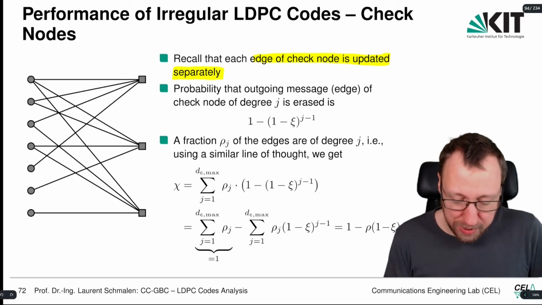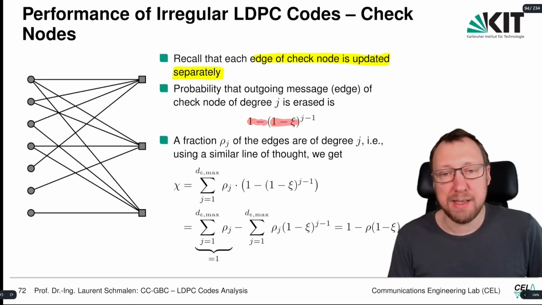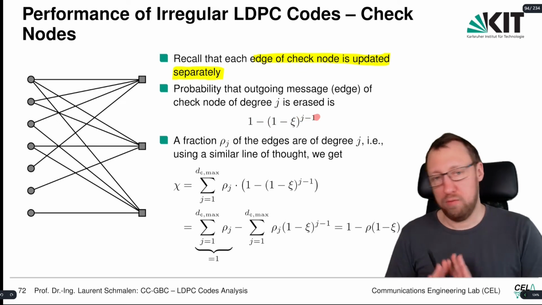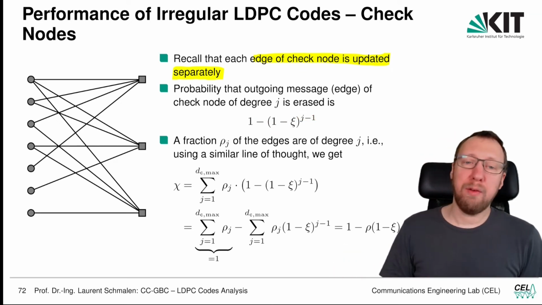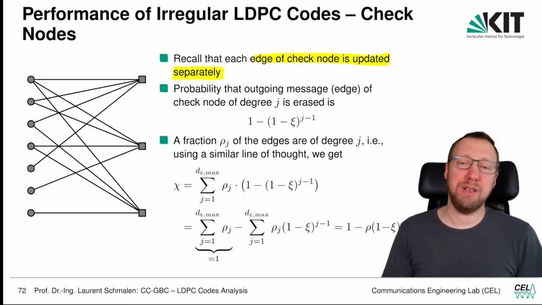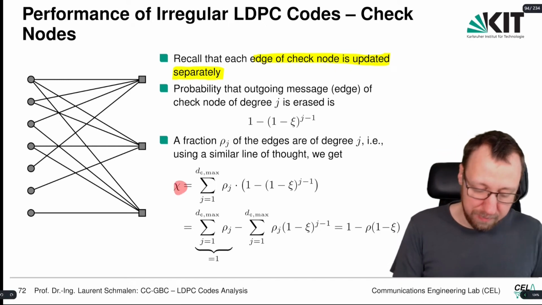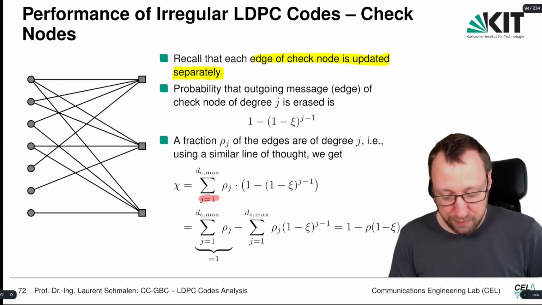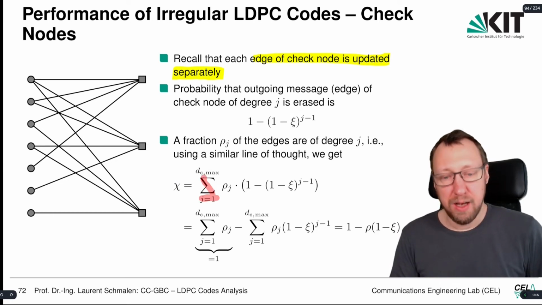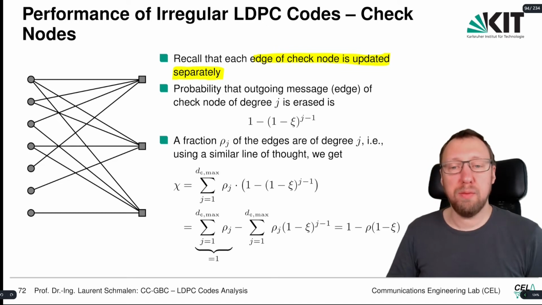An outgoing message of degree j is erased with probability 1 minus xi to the power j minus 1. This is what we had for regular codes. Now again, we have a fraction rho j of the edges of degree j. So chi is equal to the sum from j going to dc max, rho j times 1 minus xi to the power j minus 1.